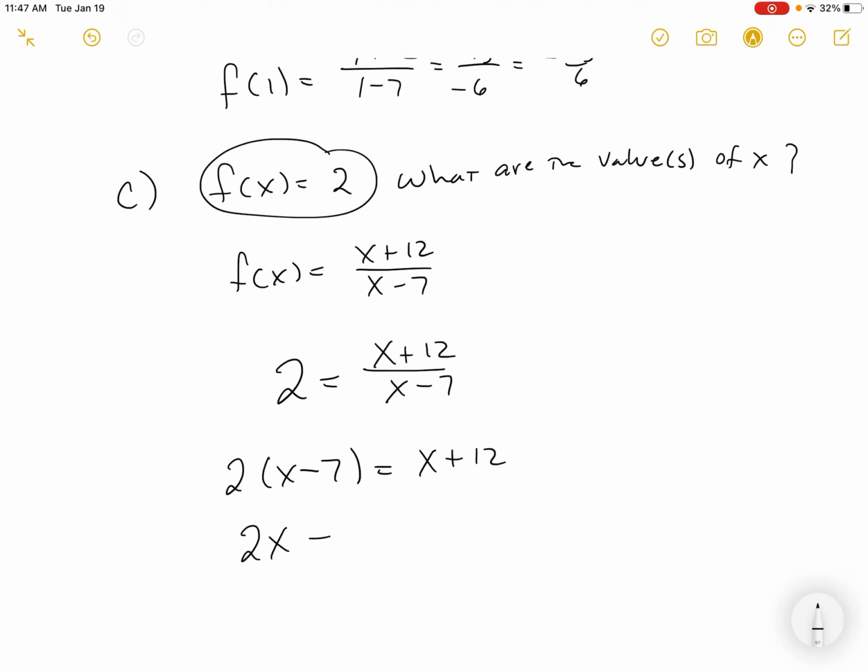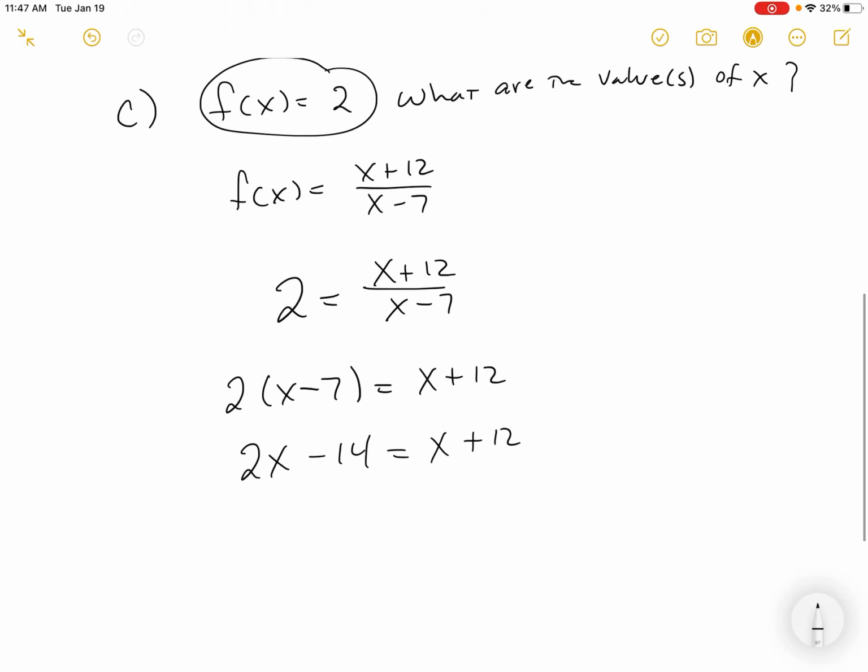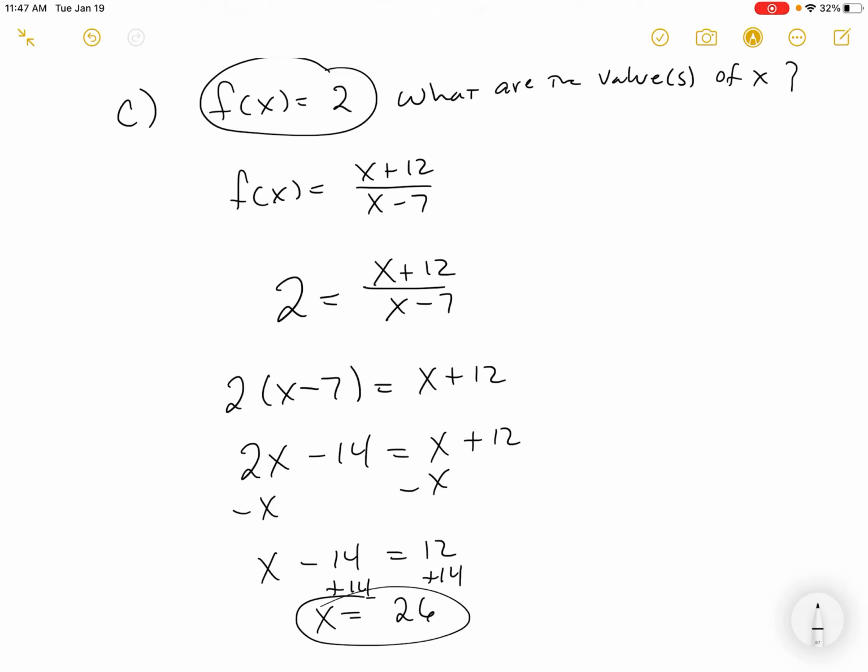That's 2x minus 14 is equal to a single x plus 12. If I bring my x's together, I get a single x. The moment I realize that I'm not going to have an x squared or anything like that is the moment I realize there's just one solution. So what's x equal to? It's equal to 26, right? Because I'd add 14 to both sides. And we get a nice x equals 26, which would be the answer.